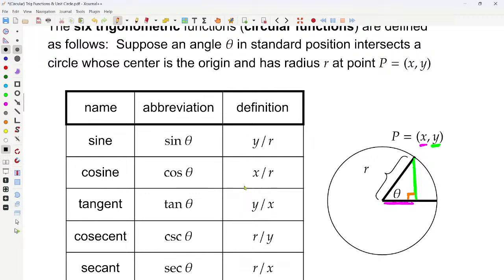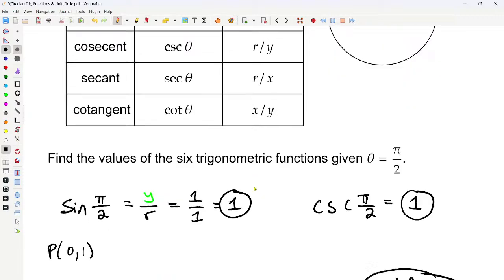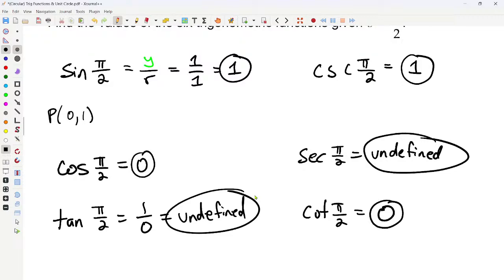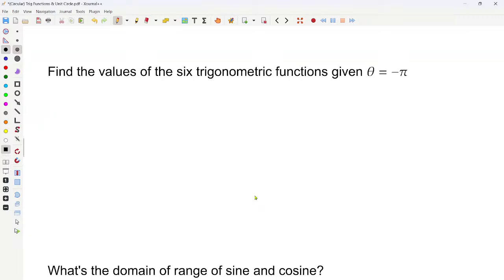Even though there's an R there, I'm going to say kind of ignore it because it's 1. And so if you know your points on the unit circle and you know your definitions, this isn't that hard. It's just knowing it.